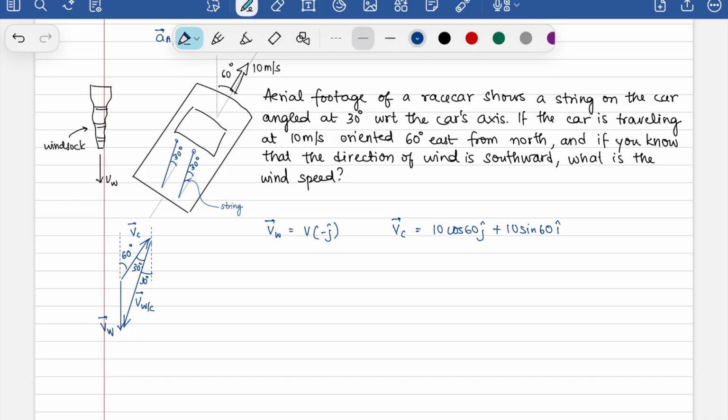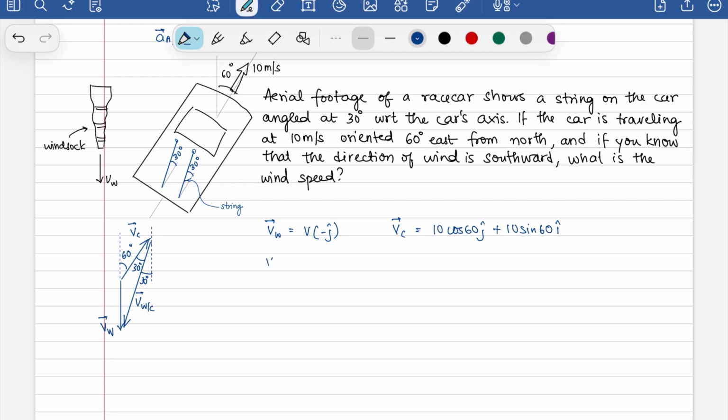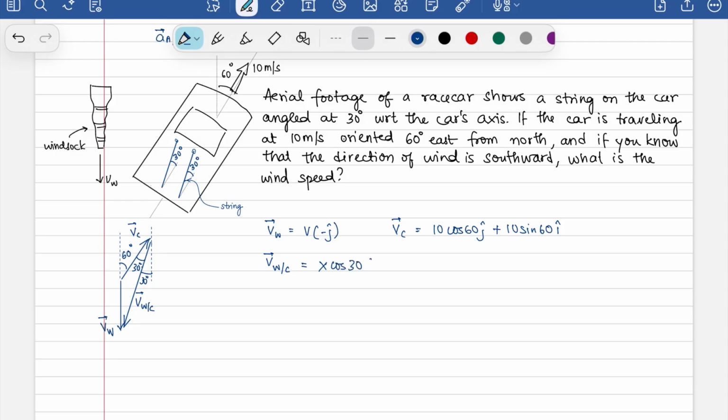So we don't have the magnitude of this vector either. So let's say then that the velocity of the wind with respect to the car is some x, and it is x cos 30 in the minus j hat direction plus x sine 30 in the minus i hat direction.